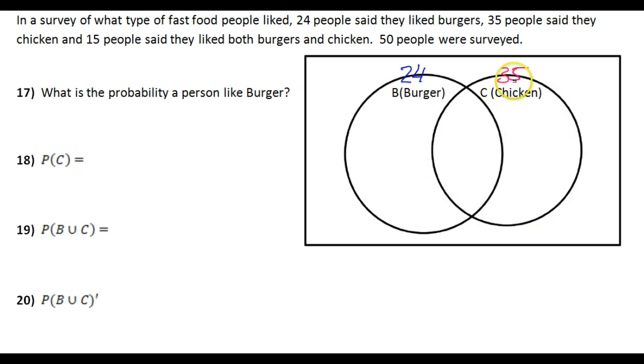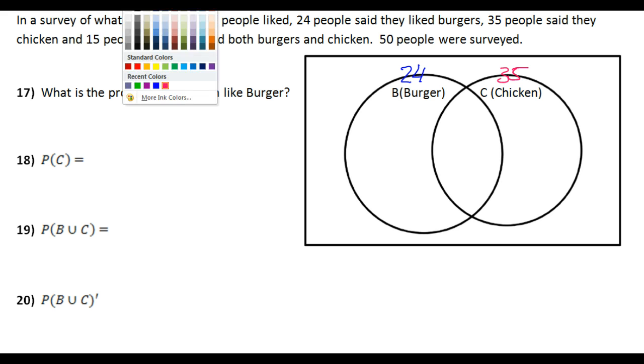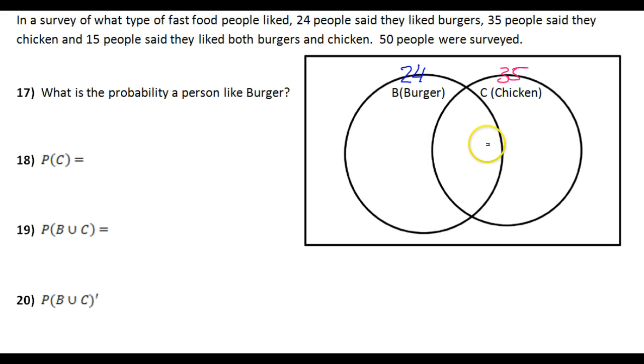So there should be 35 total in the chicken circle, and 24 total in the burger circle, including the overlapping part. So in a Venn diagram, you should always start with the overlapping part and then work out from there. So if 15 people said they like both, that 15 is going to go right there.